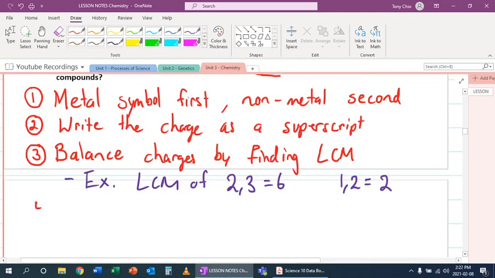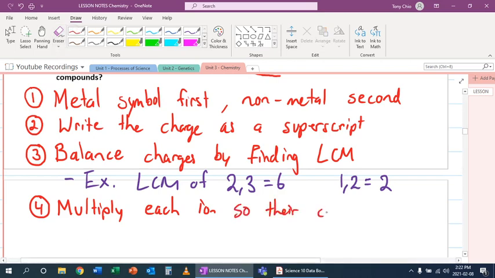But now step 4: multiply each ion so their charge equals the LCM.